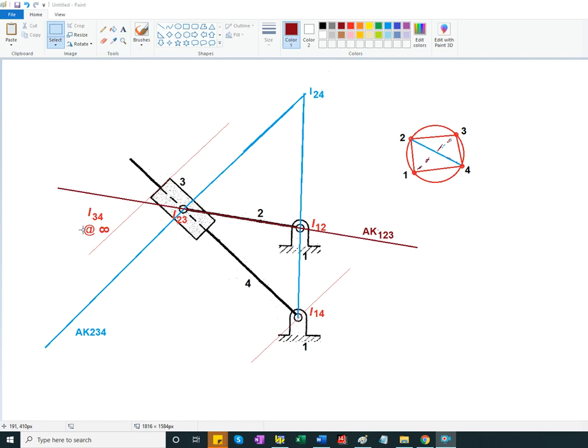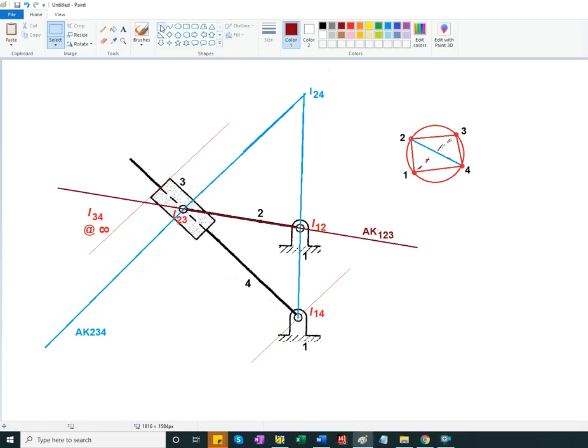I said 1 3 4, so rather connecting instant center at infinity at 3 4 with 1 4. So that's why I drew. I took these and represented perpendicular to the line of sliding.